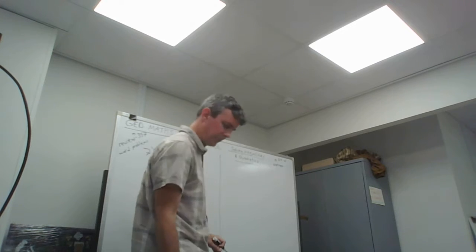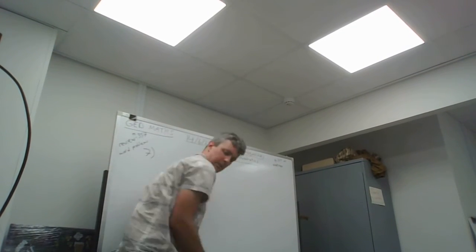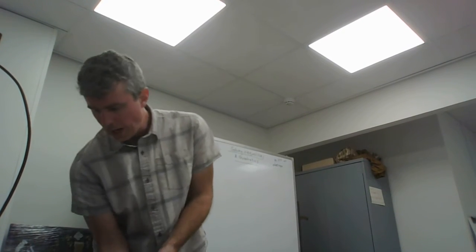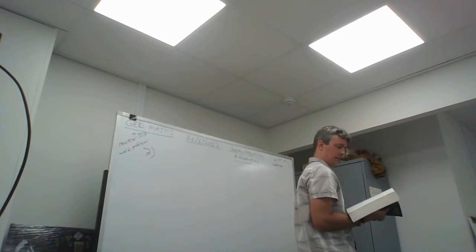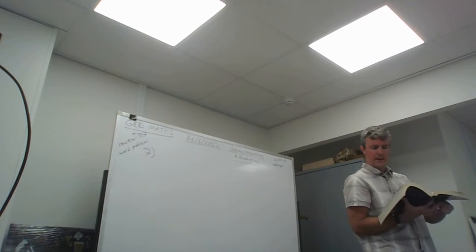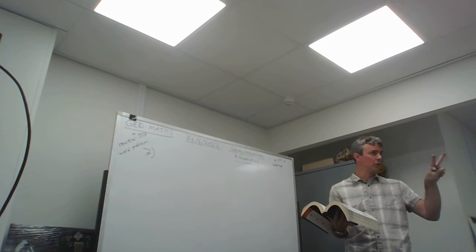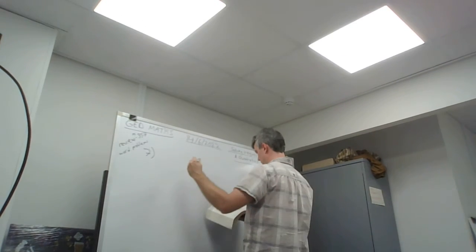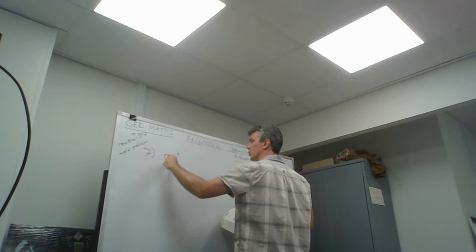Number 7 says, in a month, Andrew spends twice as much on rent as he does on food for his family. Last month, he spent $1,650 on rent and food. So it's the same kind of problem. You have two things, one in relation to the other. So we have rent and food.